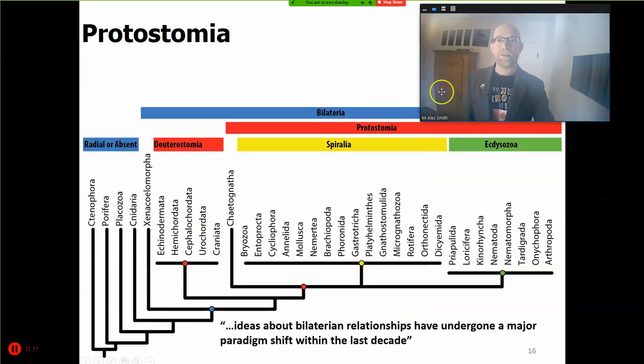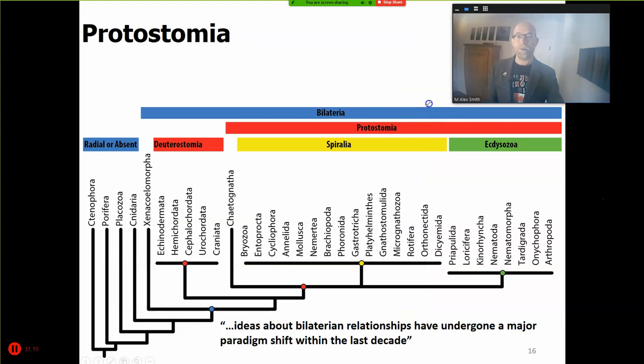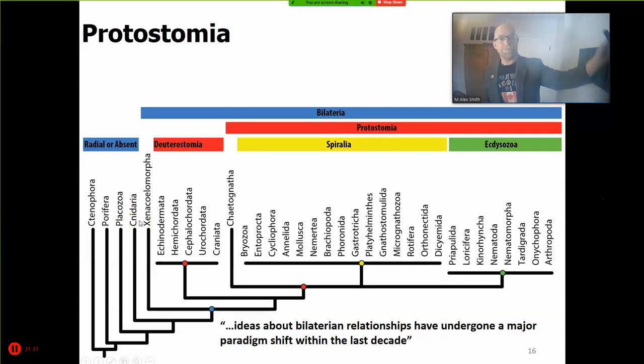Now, as it sits within our Dunn phylogeny, we've been here within the ctenophores, the sponges, the placozoans, the cnidarians. We talked about the xenacoelomorphs and the Xenoturbella, the mystery of the purple sock, on Friday. And it's as clean as it was then, which is to say very clean.